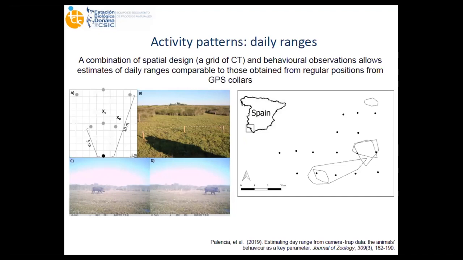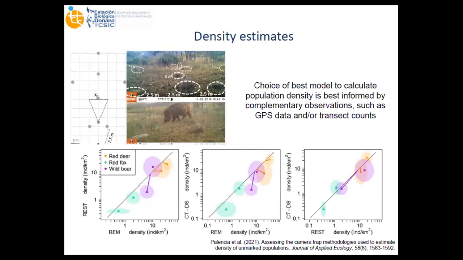However, again, validating them with a set of GPS collars or obtaining movement data from GPS collars can improve this method. And a follow-up from this is that you can use these estimates from activity ranges to derive accurate density estimates.